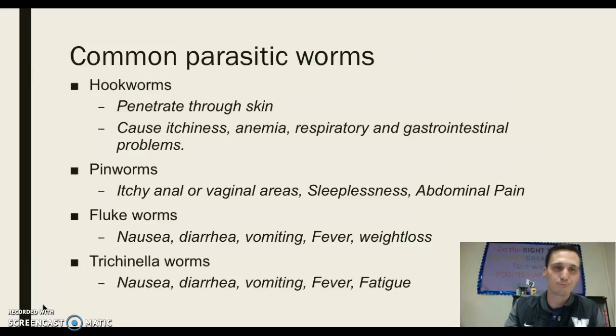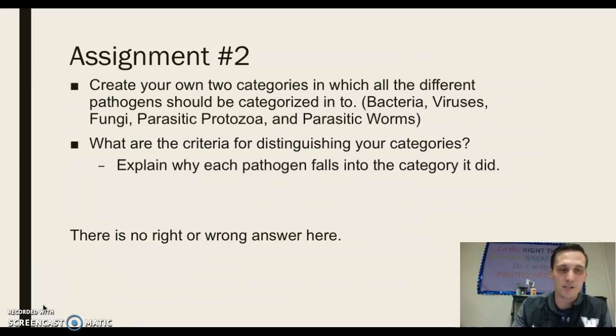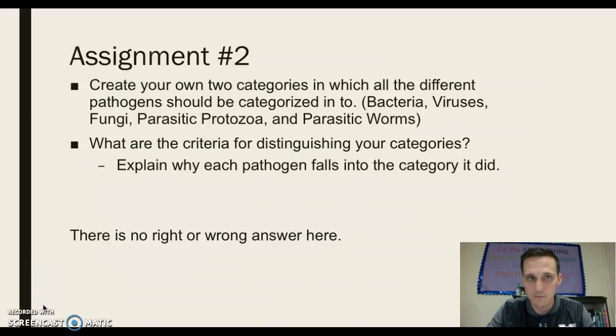Here's your assignment. Very quickly, I'll try to explain it. You're going to take all the different categories of pathogens we just discussed and place them into just two categories. That means you have to look at all the different traits of bacteria, viruses, fungi, parasitic protozoa, and parasitic worms. What are all the traits, and how can you classify them in just two categories?